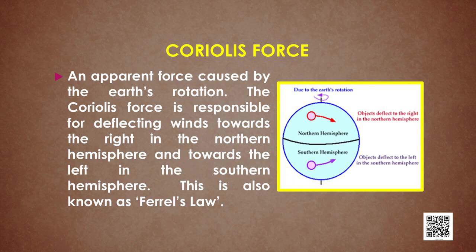The Coriolis force is responsible for deflecting winds towards the right in the northern hemisphere and towards the left in the southern hemisphere. This is also known as Ferrel's law. So children, now you understand why winds are shown in a curved or diagonal manner in your diagram. It is because of the Coriolis force.